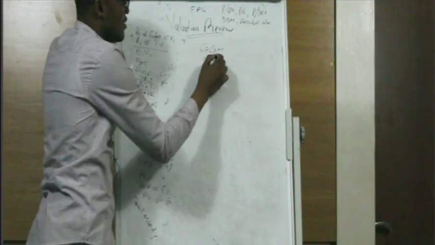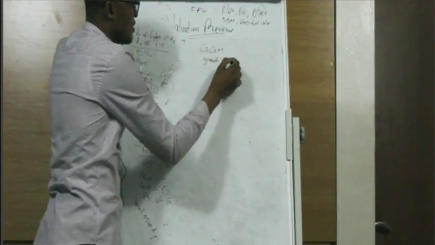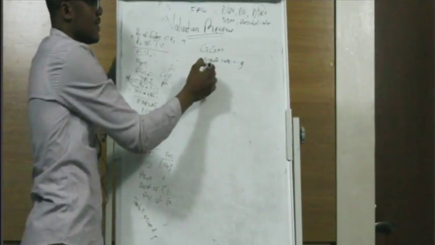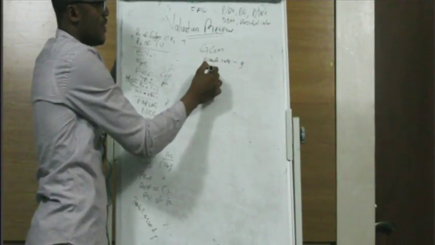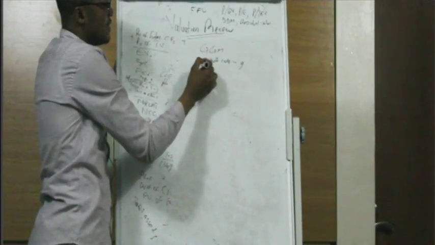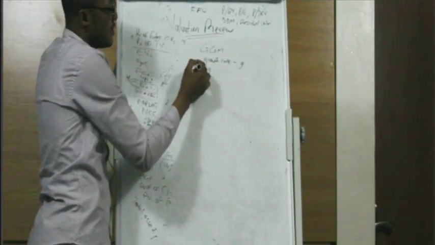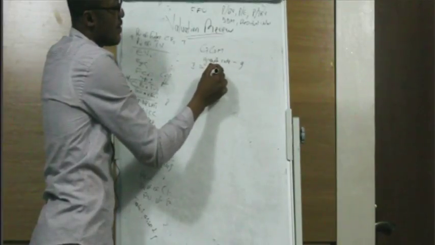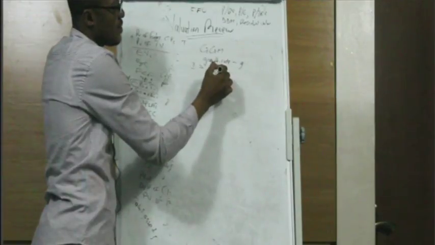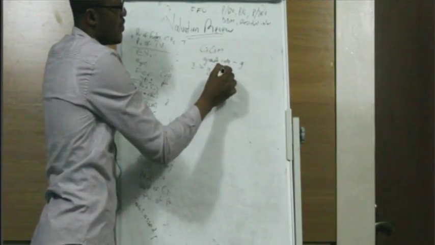Your growth rate is G. We said growth rate ideally should be greater than what? Greater than inflation, and less than or equal to what? Your nominal GDP growth rate.